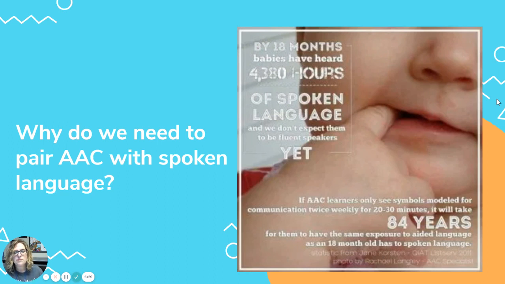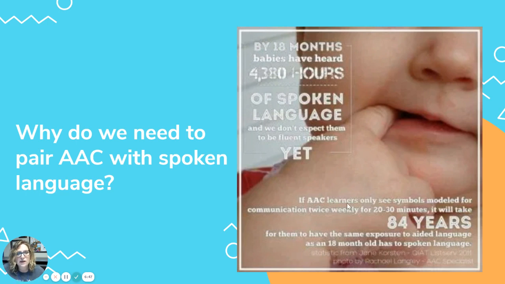So why do we need to pair AAC with spoken language? If you are using just spoken language with our typically developing kids, by 18 months, babies have heard 4,380 hours of spoken language. And at this age, we aren't even expecting them to verbalize back to us. So that's in our kids who are typically developing, no concerns at all.